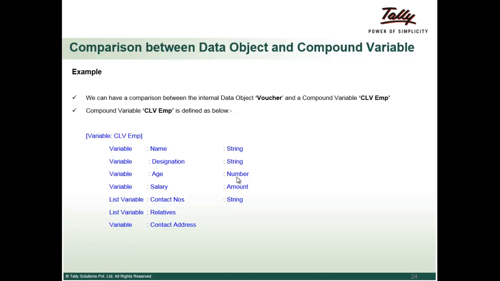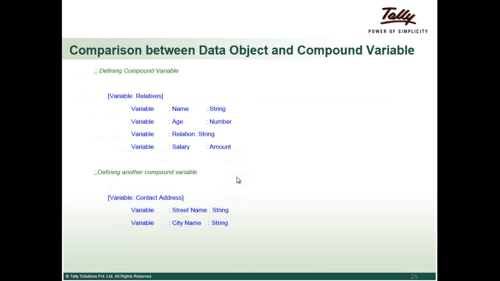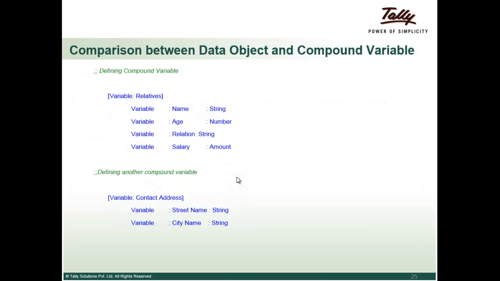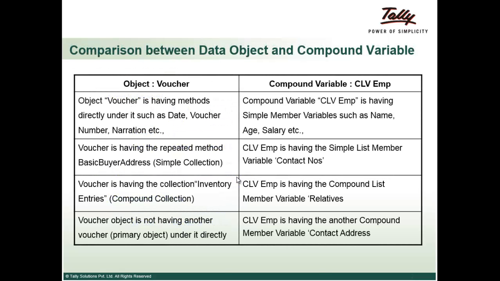Then we have one more variable in the compound variable CLVM, which is the contact address. If we see the variable contact address, we see that it is a compound variable. So there is a compound variable contact address under another compound variable, which is CLVM. We'll draw a comparison between the object voucher and this particular example of CLVM.